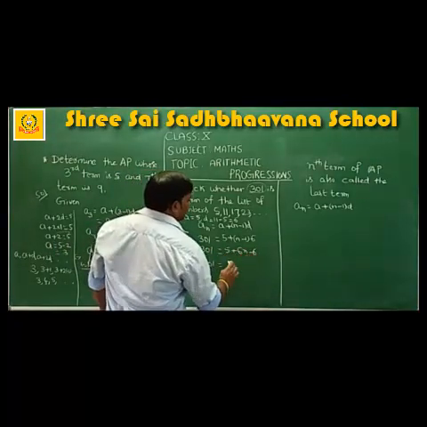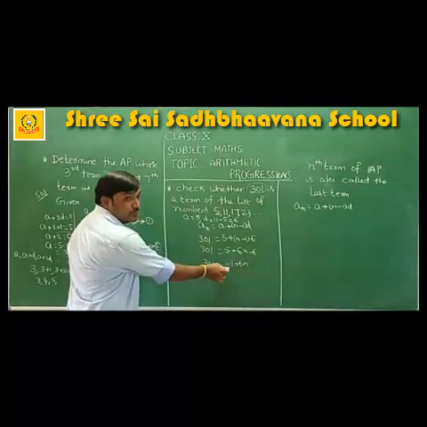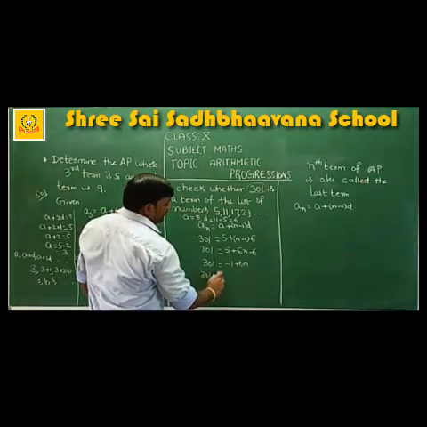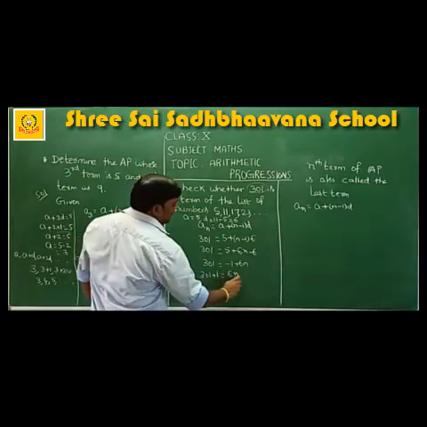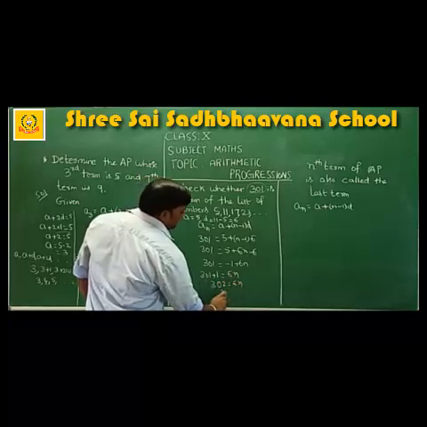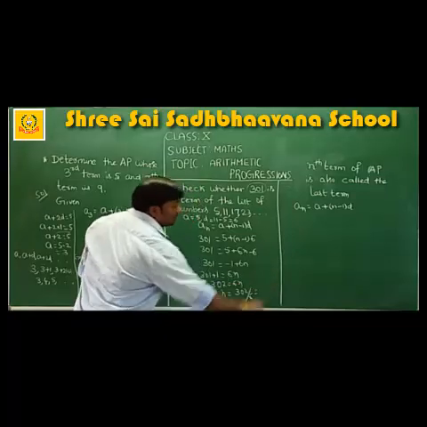So 5 minus 6, which is minus 1, plus 6n. Minus 1, you send it to the LHS, which gives you 301 plus 1, which is equal to 6n, and 302 is equal to 6n. n is equal to 302 divided by 6.